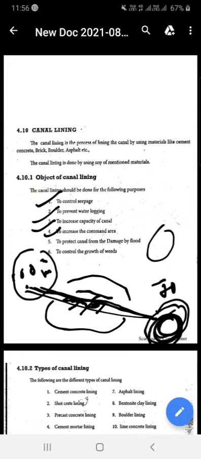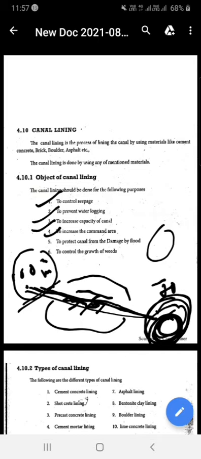If no losses are happening in the conveyance, 100 meter cube will irrigate the entire field, that is the command area. Command area means the area in which water is being supplied. Simply remember that the area that can be irrigated increases if we provide lining.